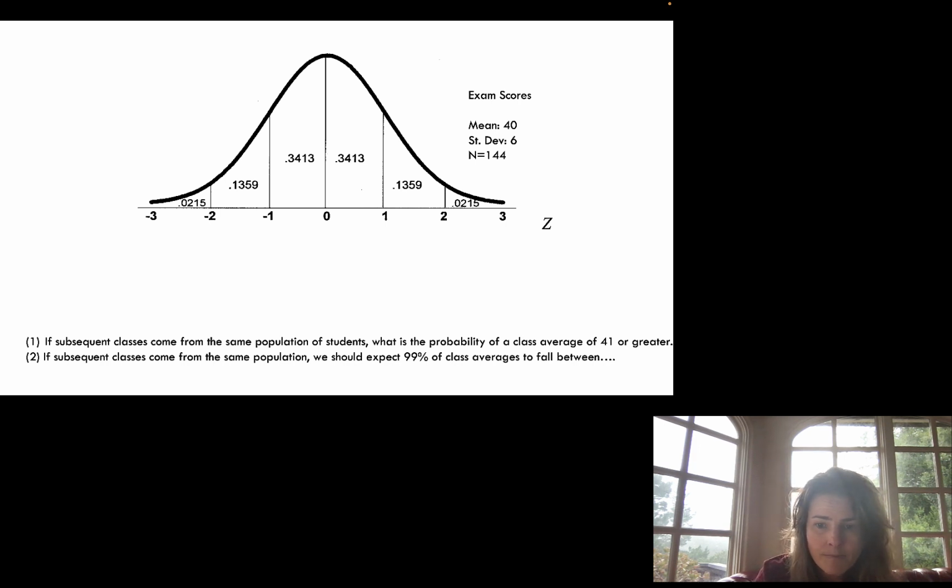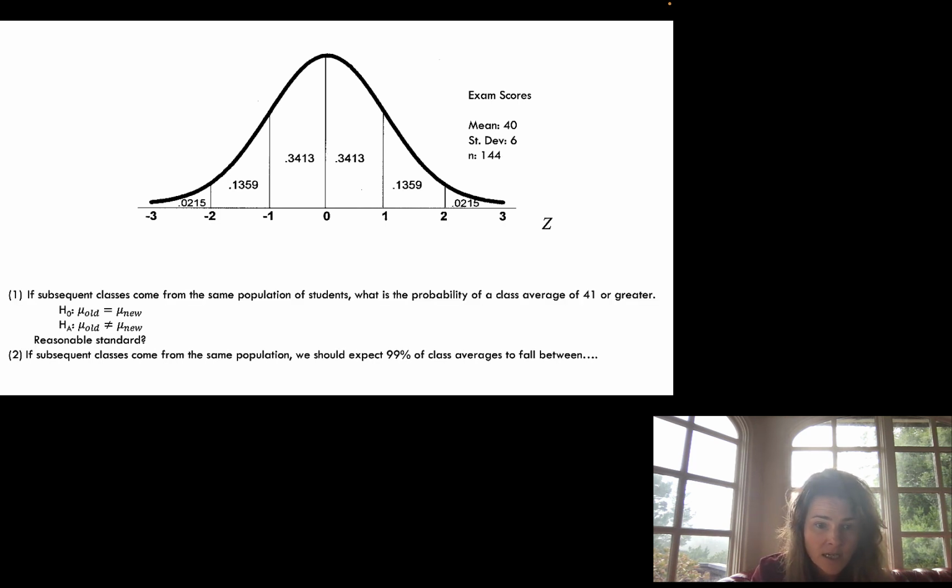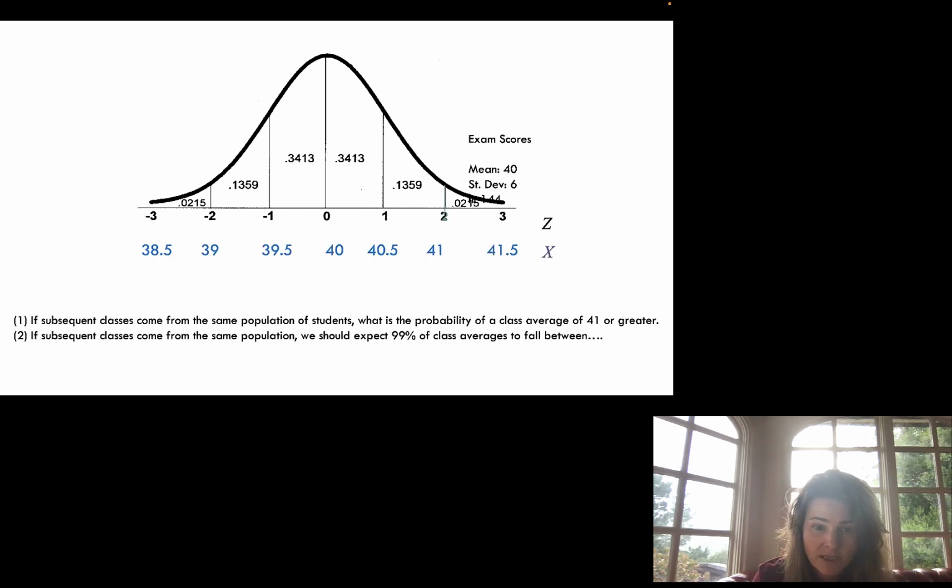Let's say class averages in the past have had an average of 40, a standard deviation of 6, and we have an n of 144. If subsequent classes come from the same population, let's come up with a 99% confidence interval.